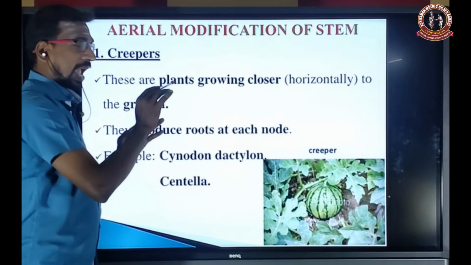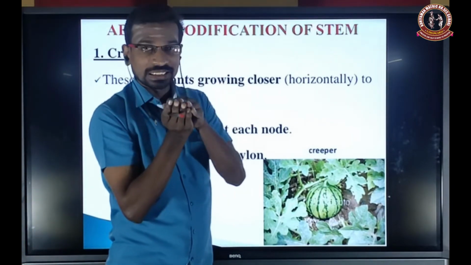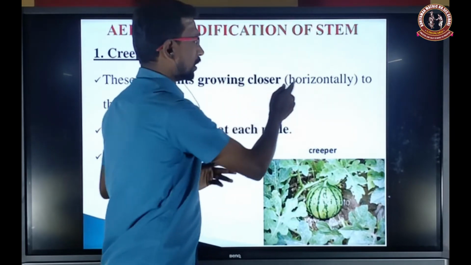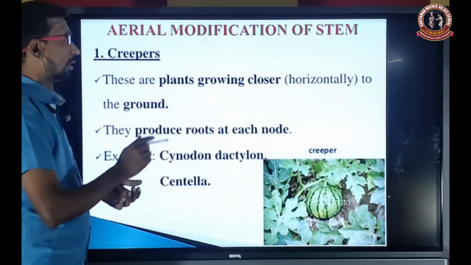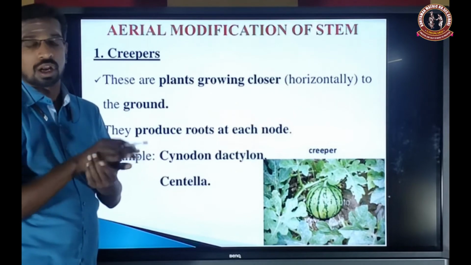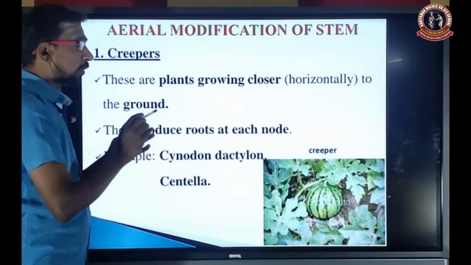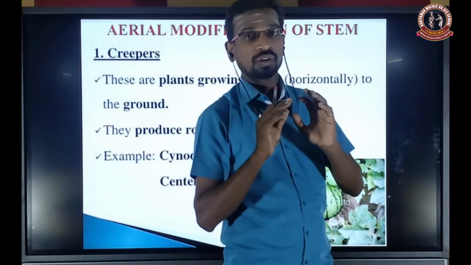This plant grows closely, that means near the soil level, adjacent to the soil, horizontally to the ground. Ground means soil. They produce roots at each node. That is the main feature.